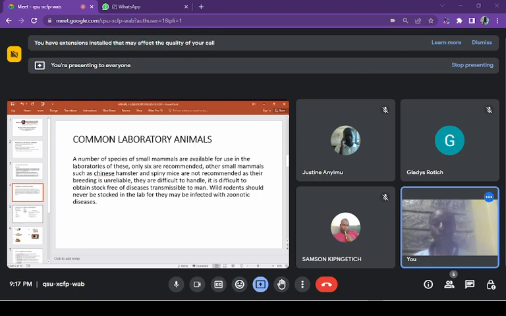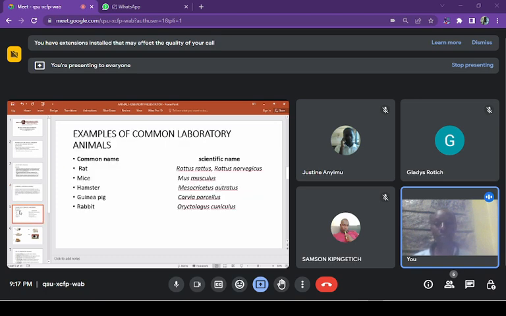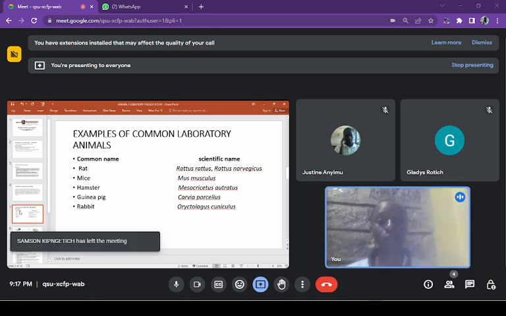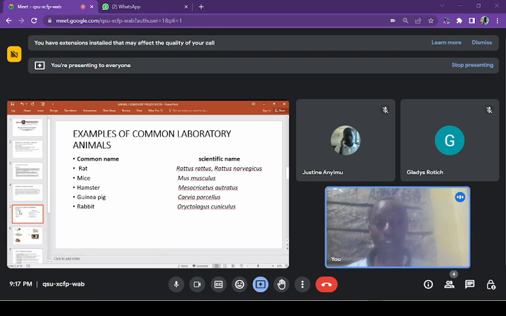A good example, as you can see in those slides, of those common laboratory animals is the rat, where we use a specific species, like Rattus norvegicus. We have another example, the mice, a specific species which we call Mus musculus, and also we have the hamsters.